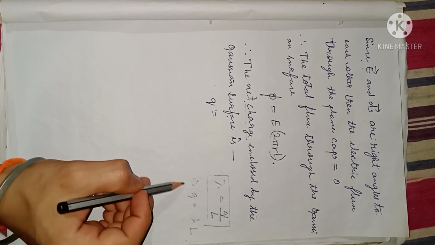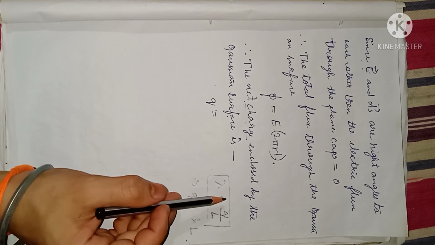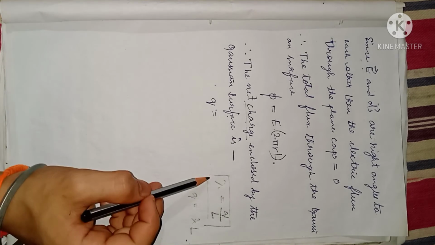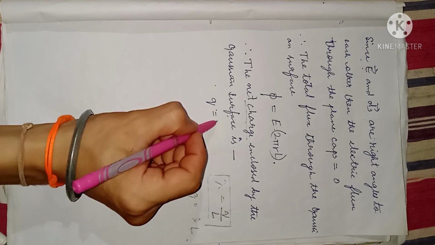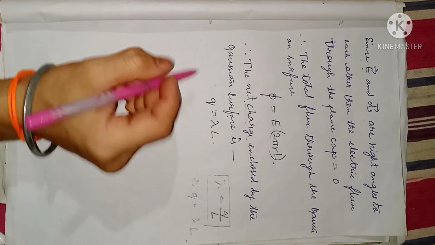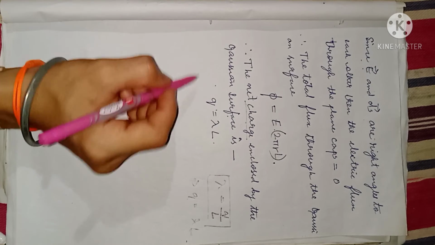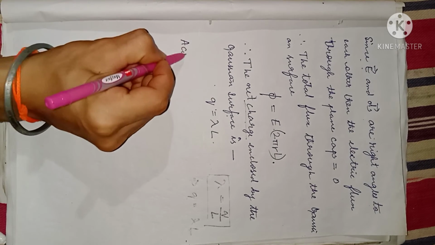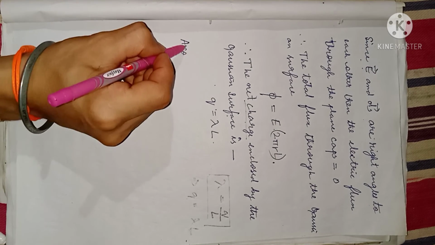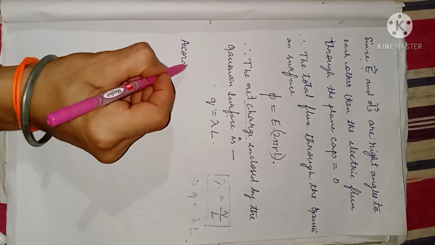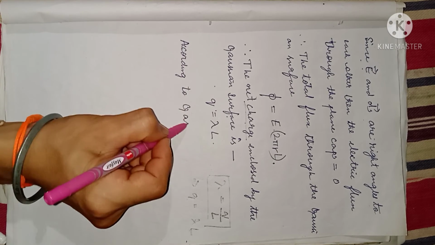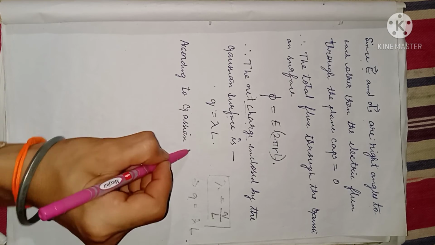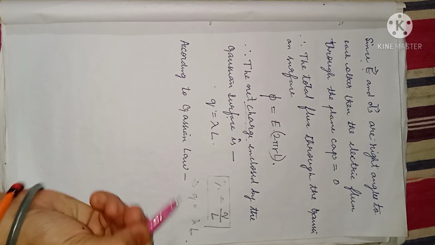Just to explain to you, so you can write in the rough copy q is equal to lambda into l. According to Gauss law, now apply the formula and get the result.